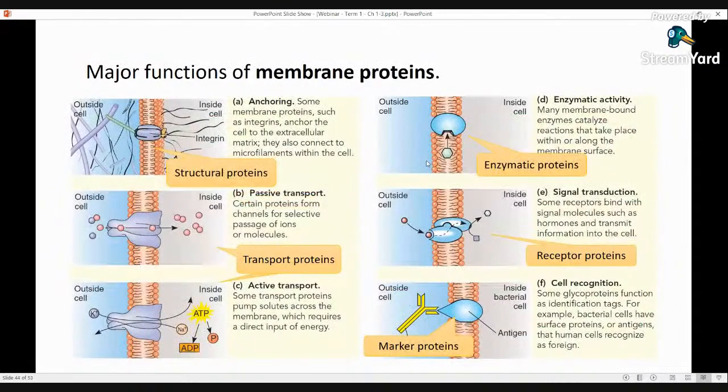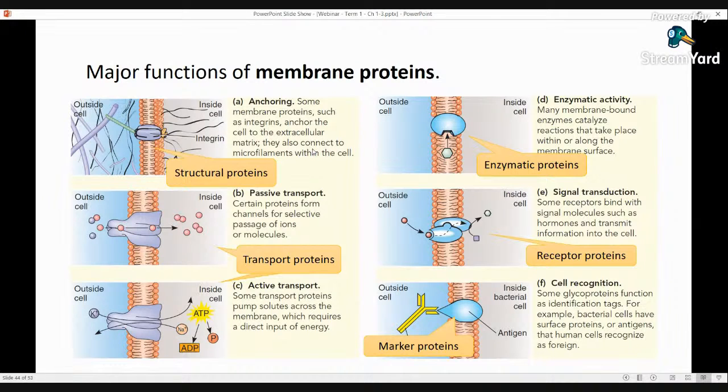Maybe the question will ask about the function or role of the proteins in the plasma membrane. So we talk about five major functions here.